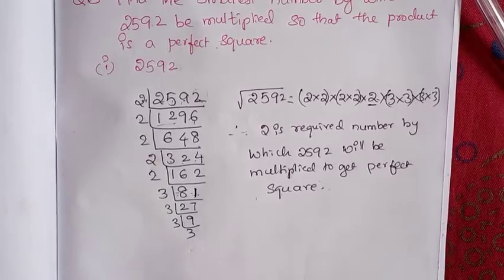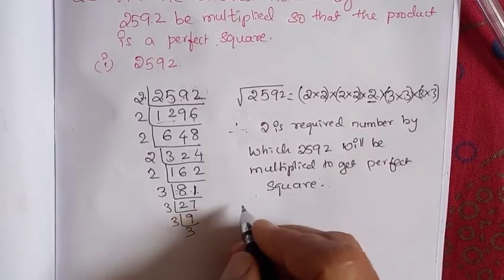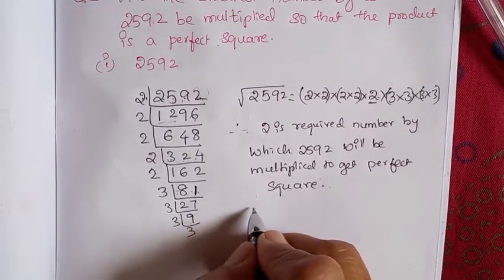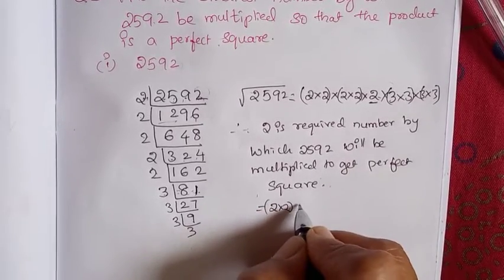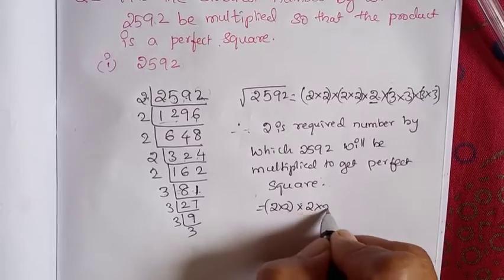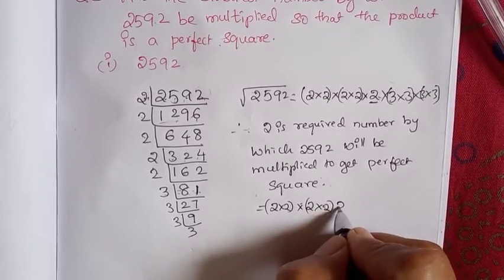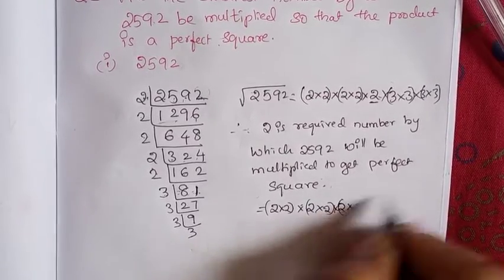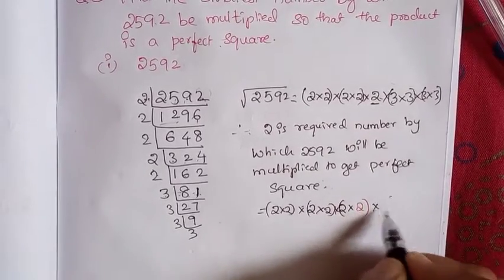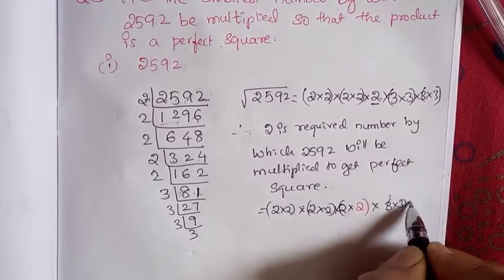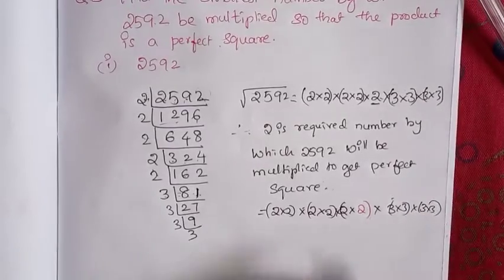So what is this number? 2 into 2 into 2 into 2 into 2 into 2, into 3 into 3 into 3 into 3.